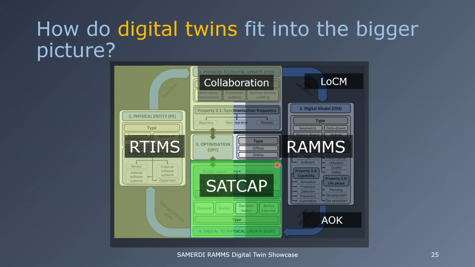And this is where we see SATCAP becoming an important research activity, where collaboration is also necessary to inform how we can best take the insights we generate in the digital modeling space and convert them in a human-friendly manner into something that can then alter the physical entity. So for example, in what we showed today, converting this traction estimate into an actual traction envelope with warning signs that operators can act on.